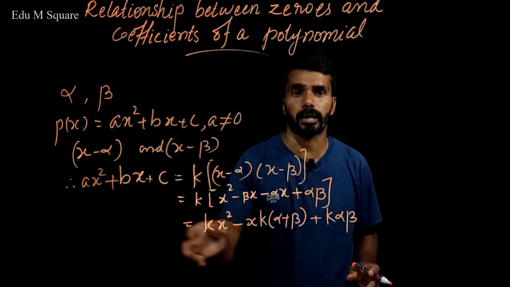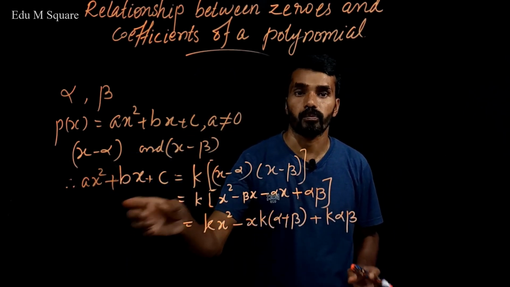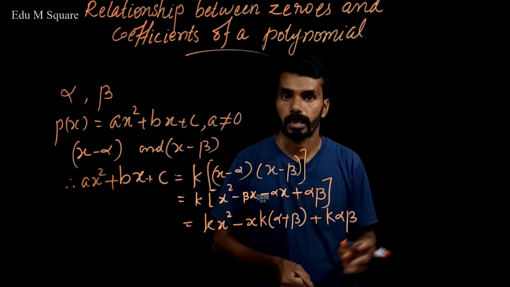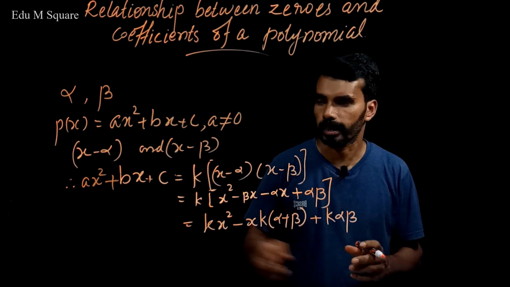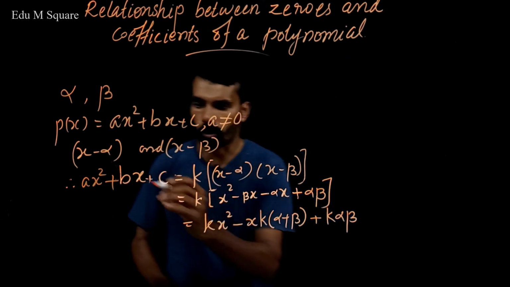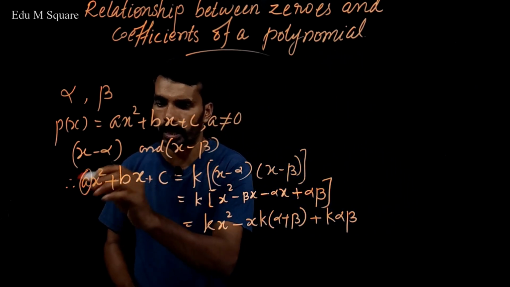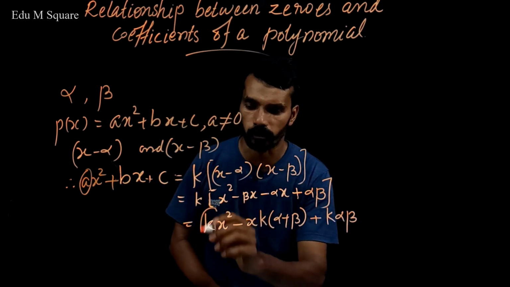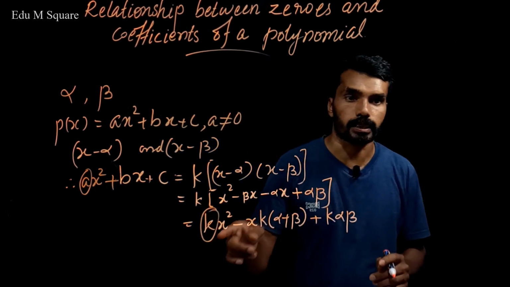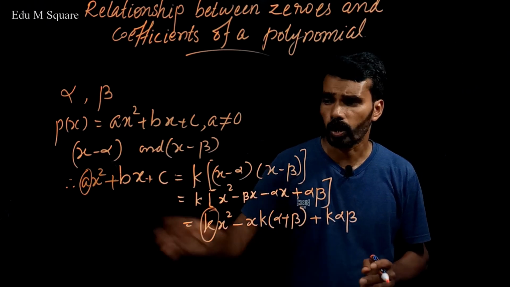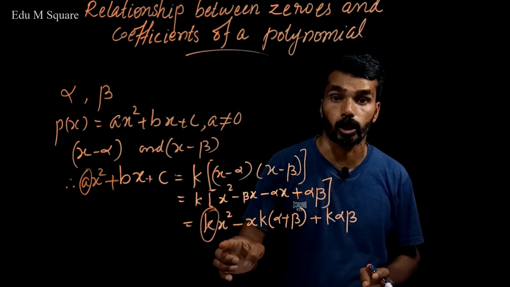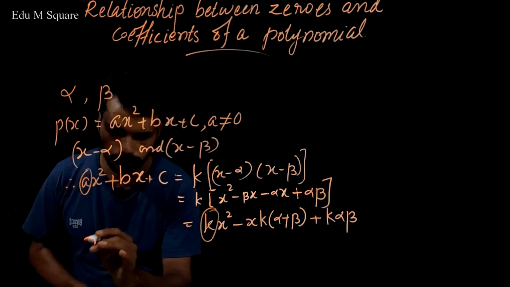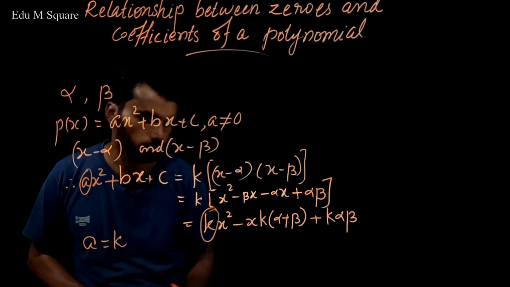Now by comparing the coefficients of x square, x and the constant term on both sides, we get: the coefficient of x square is here a, and that is here k. So by comparing their coefficients, we get a is equal to k.